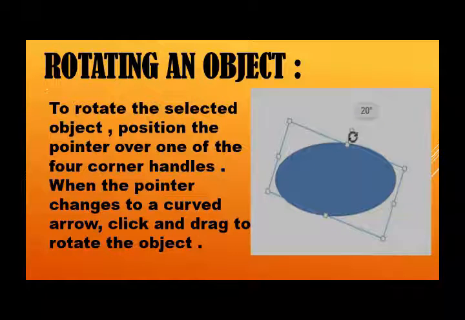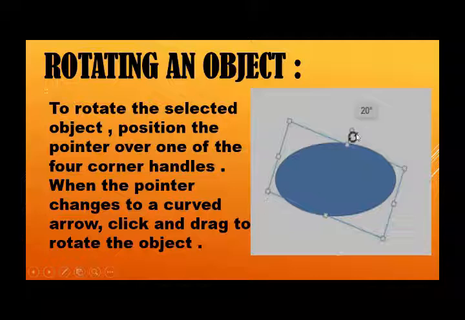If you observe this figure, you understand more clearly that if we have this oval shape, I just click on this oval shape, then I have four corner handles. These are the four corner handles, the small squares we call corner handles.